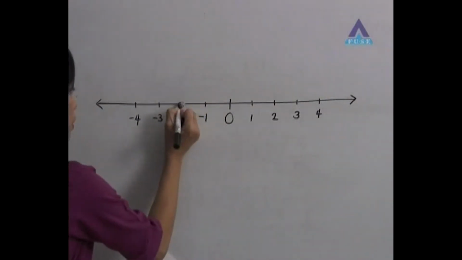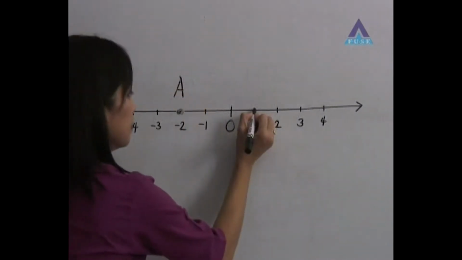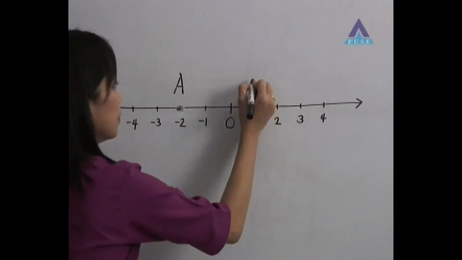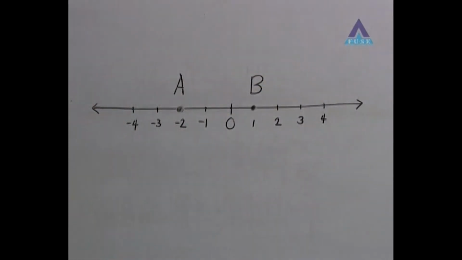Let's consider two numbers, A and B, on the number line. Note that A is less than B. Now let's add the same value C to both A and B. Let C be equal to 2. I'll do it.